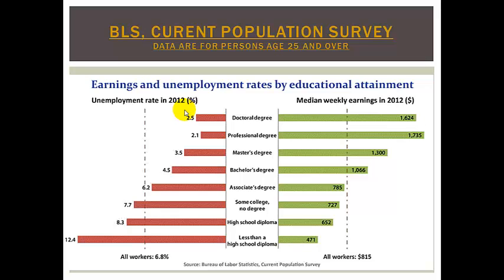If we break it down by education level, we see the most unemployment occurs among people without a high school diploma looking for jobs, and the least unemployment occurs in the professional and doctoral areas. Even with a bachelor's degree, the rate of unemployment as of, I believe, 2012, was only 4.5%, which is much better than the national average.